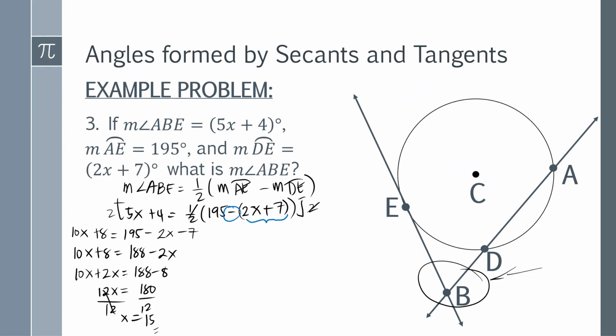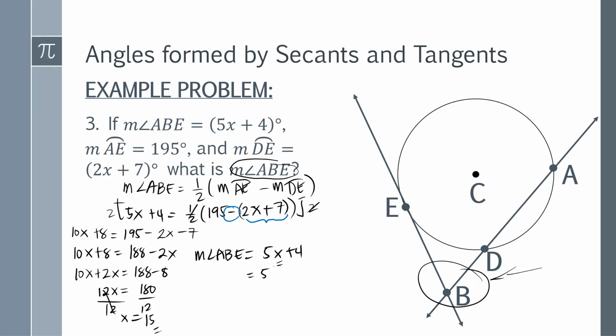So, is this your final answer? Not yet, because we need to find the measure of angle ABE. So therefore, the measure of angle ABE is actually equal to 5x plus 4. And you have to replace the value of x with 15 here.